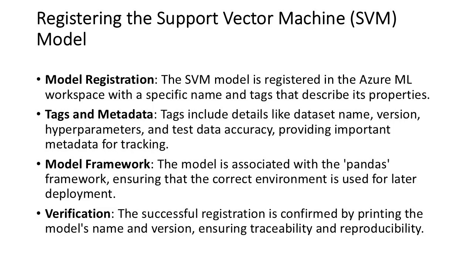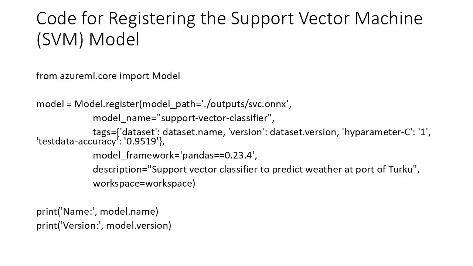Then you have to tag the metadata, then the model framework. The model is associated with the pandas framework. You are converting it into the framework, then verifying it. You use from azureml.core import Model, importing the model.